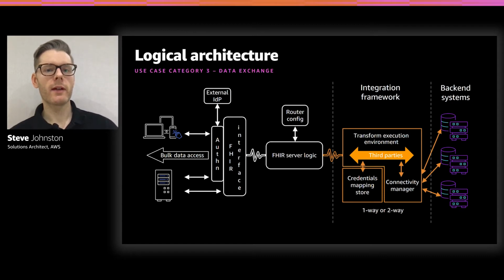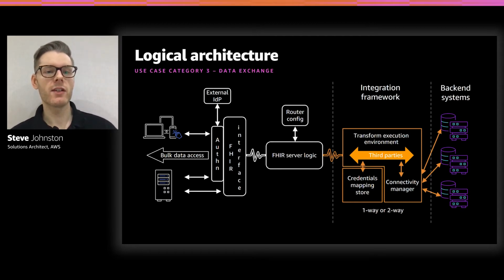The integration framework, again, in this case, allows our customers, our partners, to develop their own transforms to integrate with those existing backend systems. For this, we provide advice and guidance on best practices for the transform execution environment, and these transforms can be as complex or as simple as required for the specific use case. This could be one-way or two-way for read-only or read-write deployments.